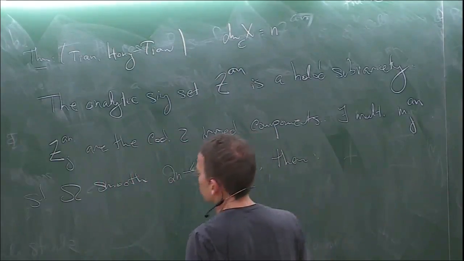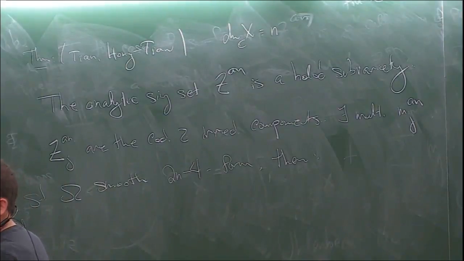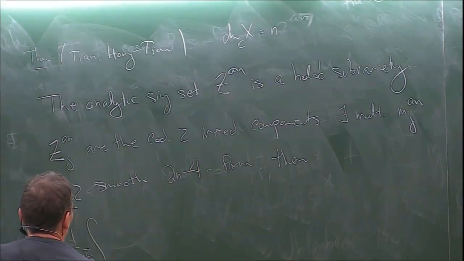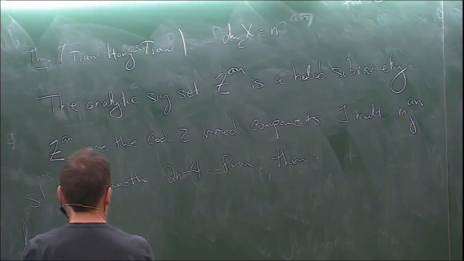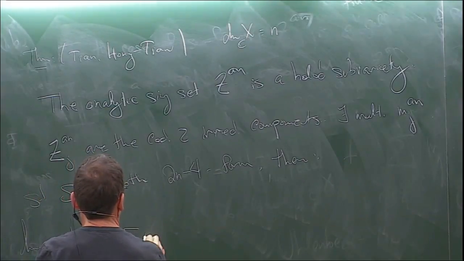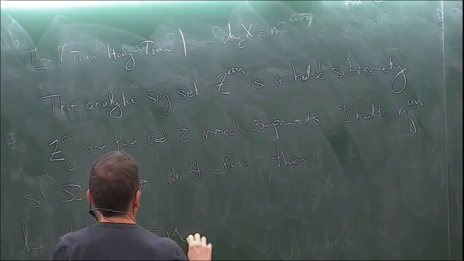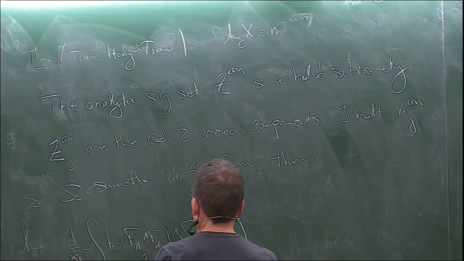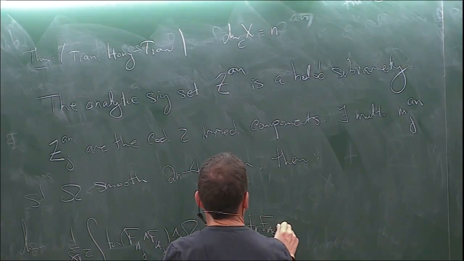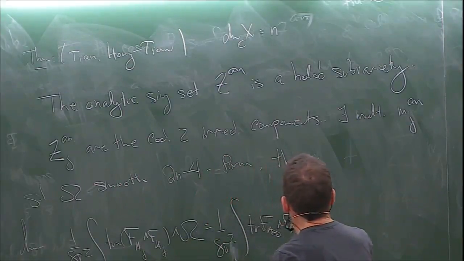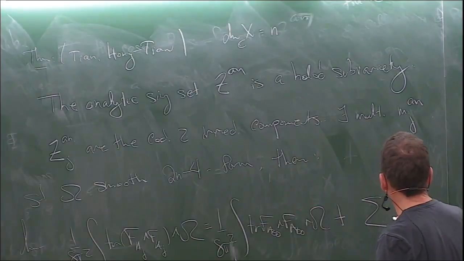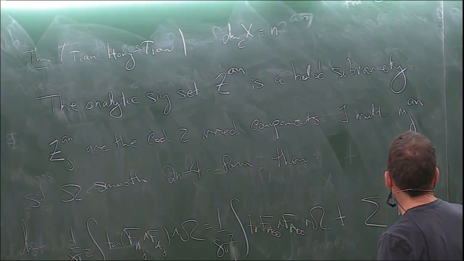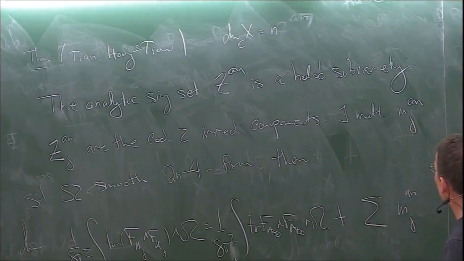then the limit of 1 over 8 pi squared of the integral over X of the trace of F_A_j wedge F_A_j wedge omega, is equal to 1 over 8 pi squared the trace of F infinity wedge omega, and then plus a sum of these analytic multiplicities over the irreducible components of the integral of omega.